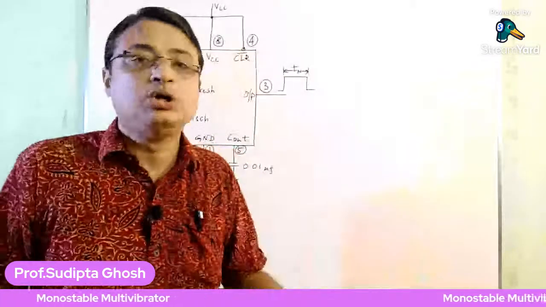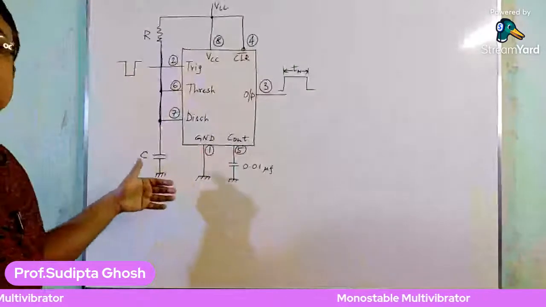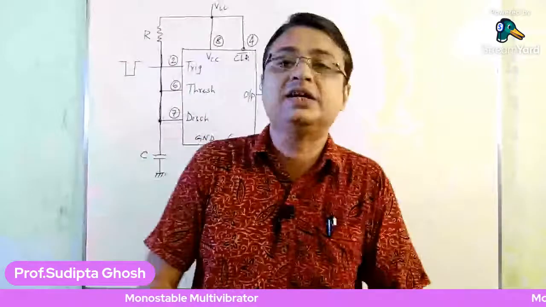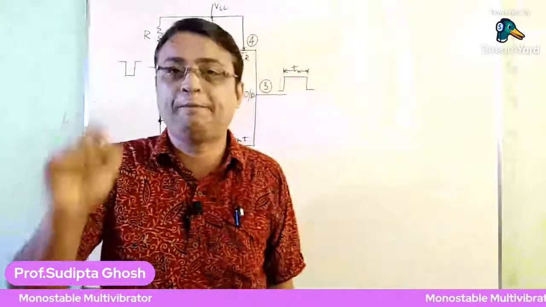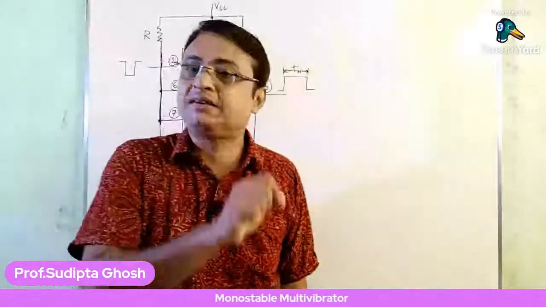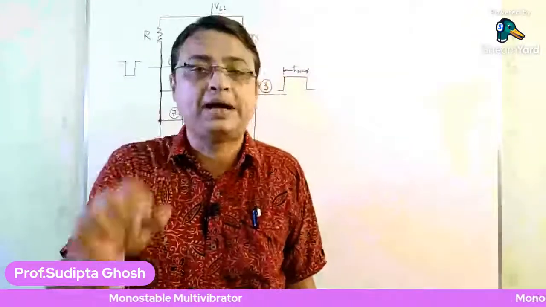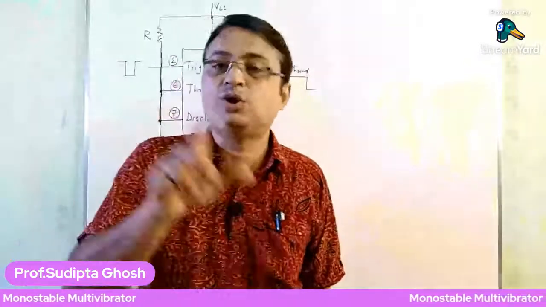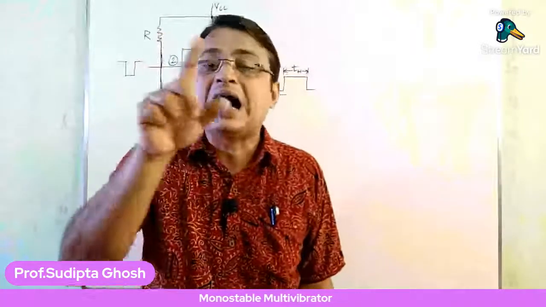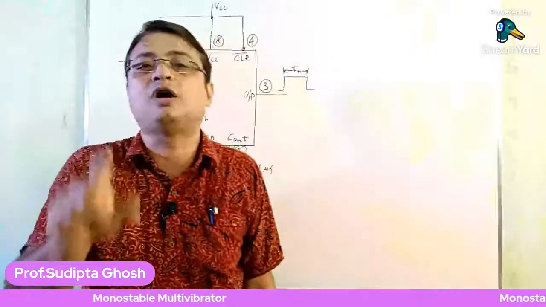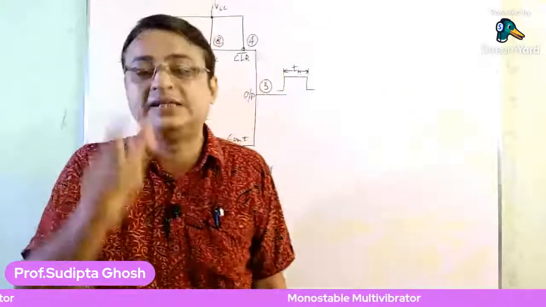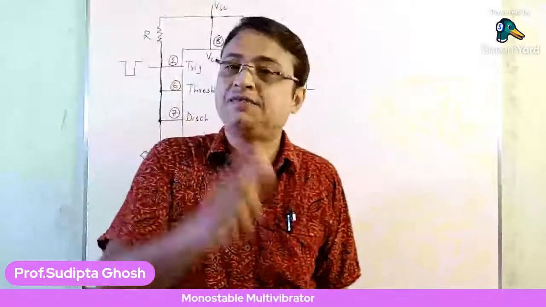So now as the capacitor has a voltage higher than 2/3 VCC, the threshold pin has a higher value than 2/3 VCC, and that results in the threshold comparator going high. So the R input, the reset input of the RS flip-flop, goes high.